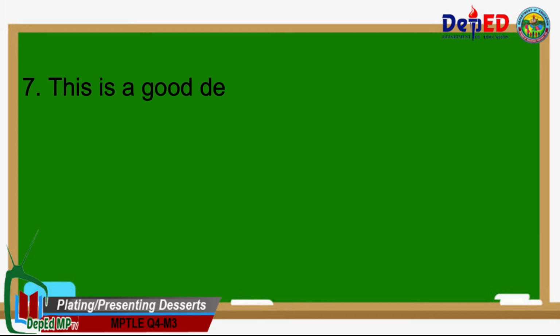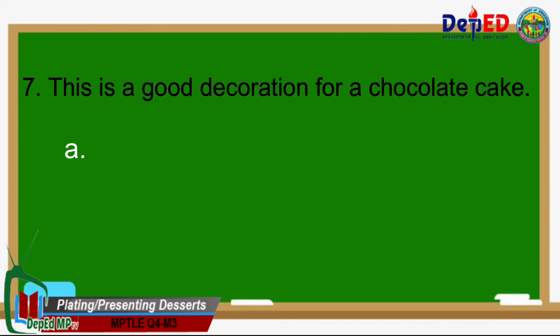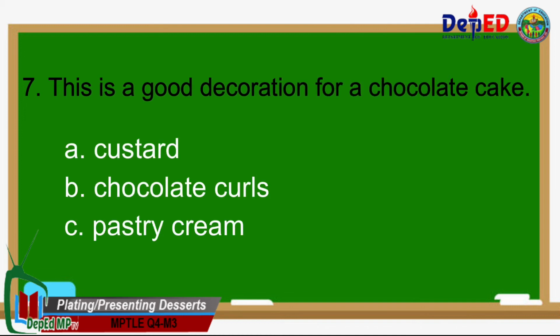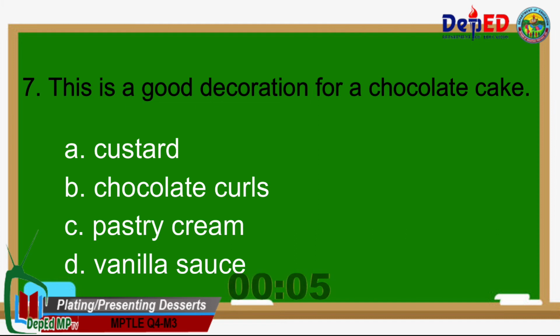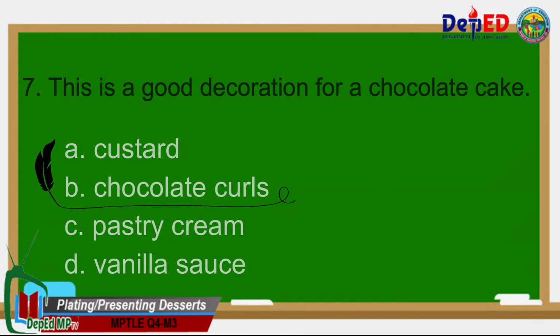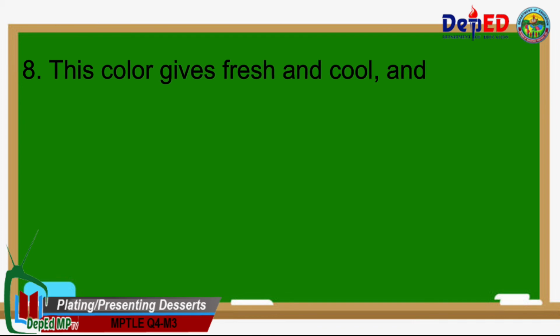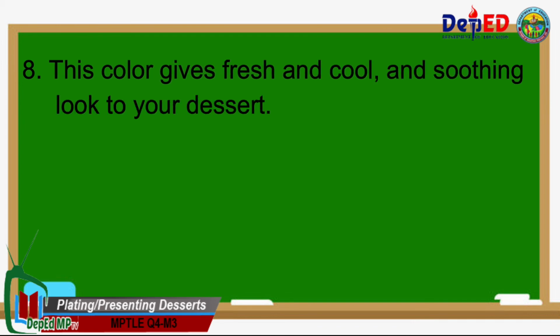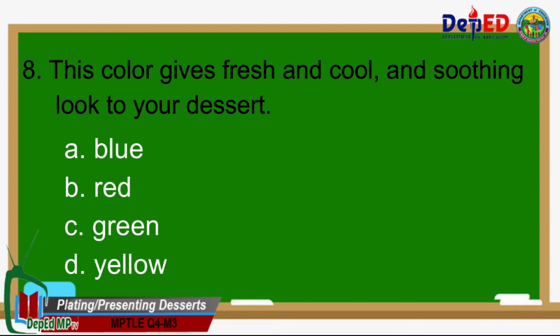Number 7. This is a good decoration for a chocolate cake. Letter A, custard. Letter B, chocolate curls. Letter C, pastry cream. Letter D, vanilla sauce. The correct answer is letter B. Number 8. This color gives a fresh, cool, and soothing look to your dessert. Letter A, blue. Letter B, red. Letter C, green.